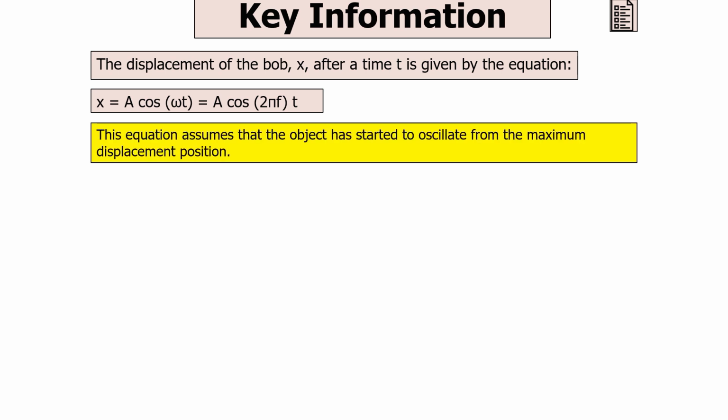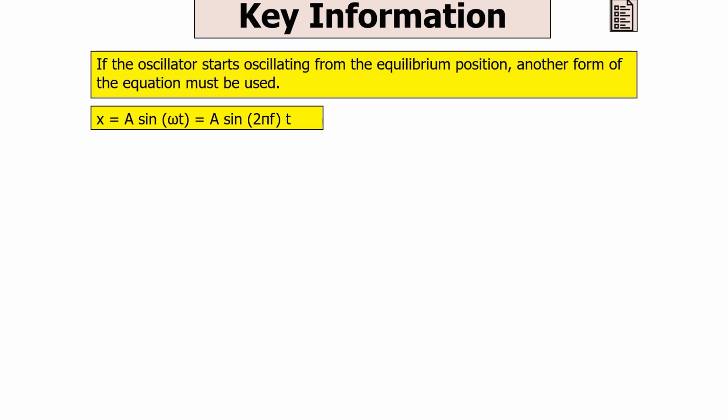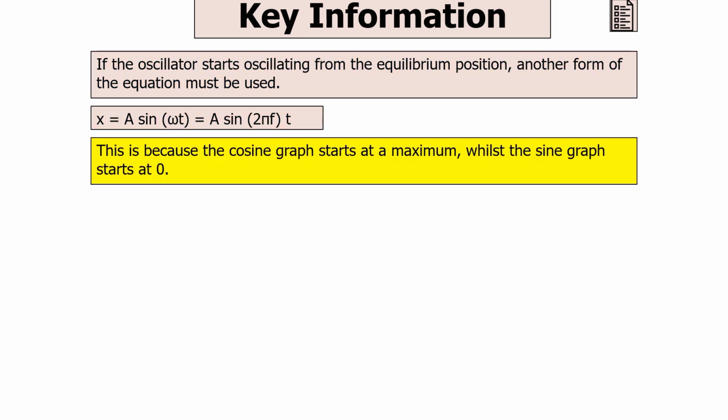So this equation assumes that the object has started to oscillate from the maximum displacement position. If the oscillator starts oscillating from the equilibrium position, another form of the equation must be used, and that is x is equal to A sin omega t, or A sin 2 pi f times t. This is because a cosine graph starts at a maximum, whilst the sine graph starts at zero.